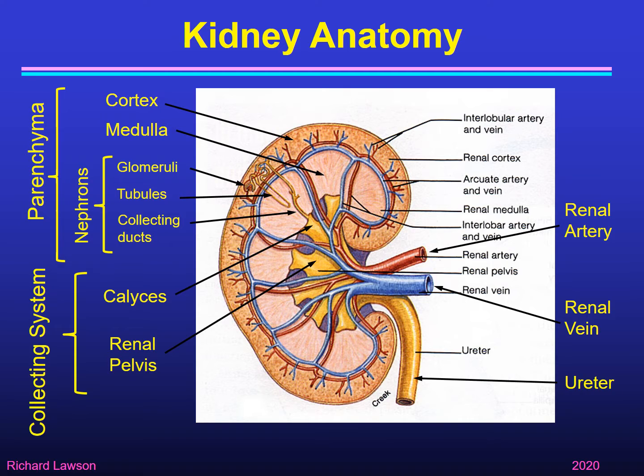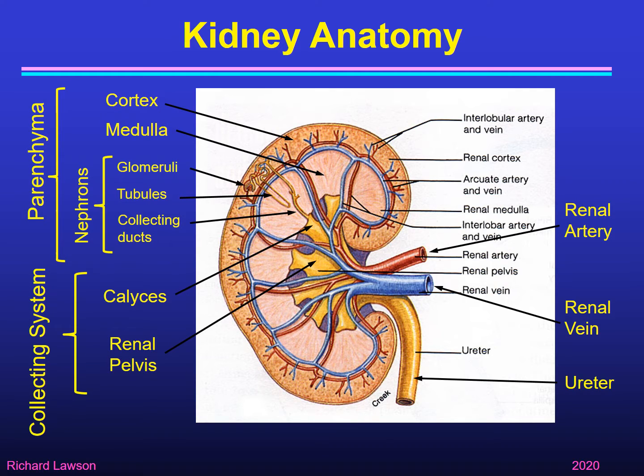So when blood enters through the renal artery, it goes out through the distribution arteries out to the cortex, where it's filtered by the glomeruli, and the filtered blood passes out again through the renal vein.